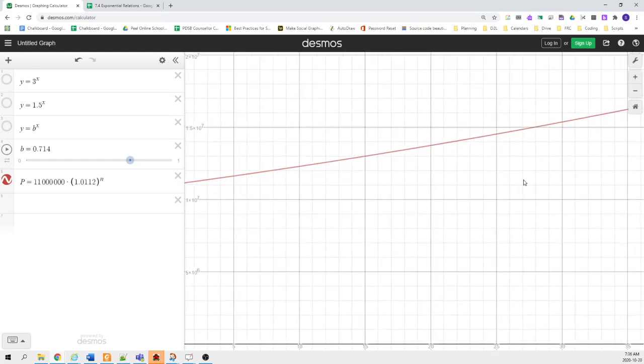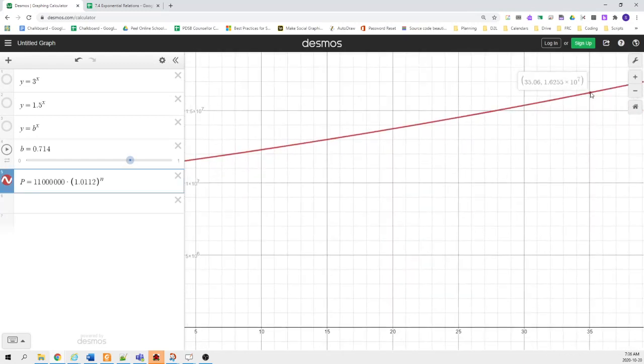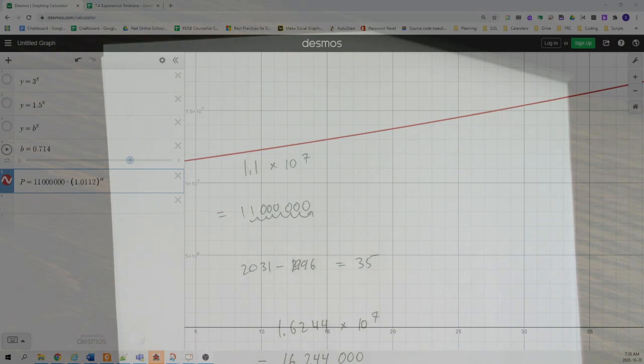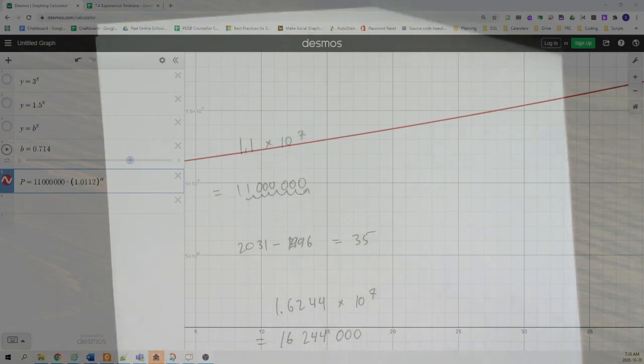So if we look at the 35-year mark, we have 16 million. So just over 16 million people.